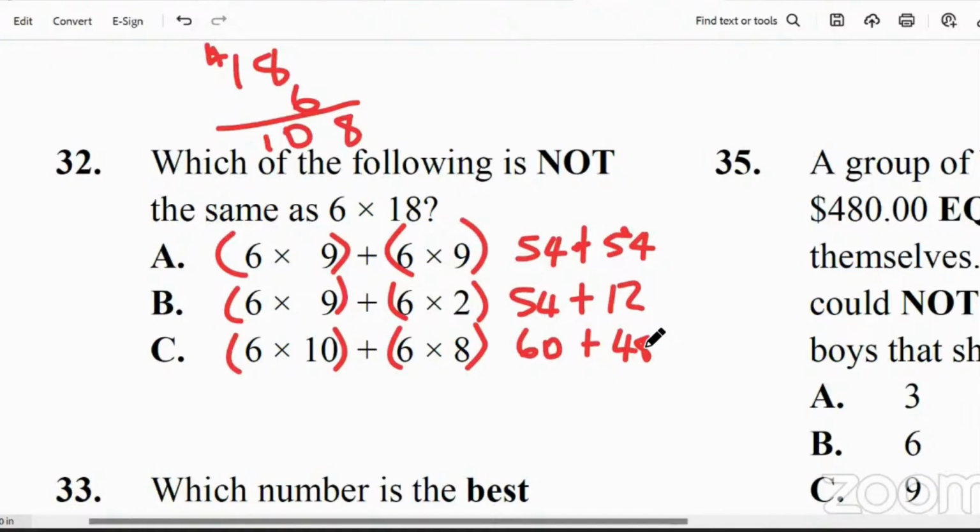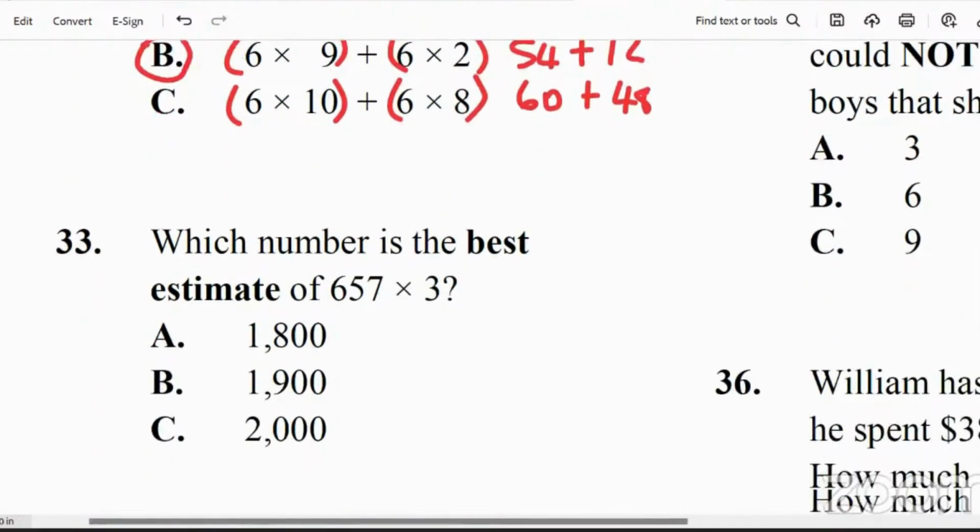So which of the following is not the same as 6 times 18? The answer is B. In the interest of time, guys, I'm not necessarily going to do all the workings, but if you go ahead and add those numbers, then you will see which one is not the same as 6 times 18, which we got 108.